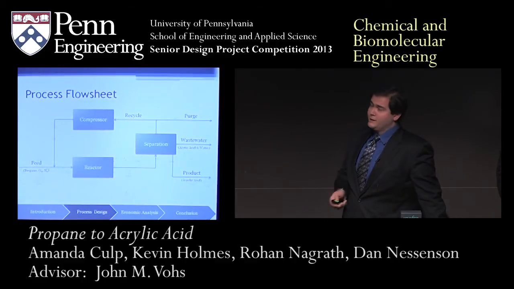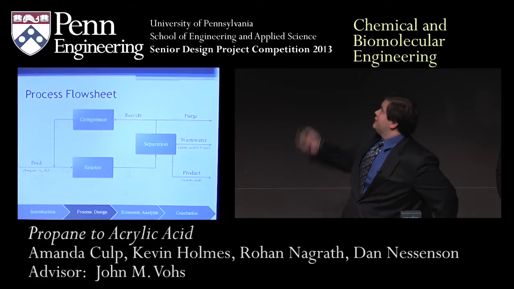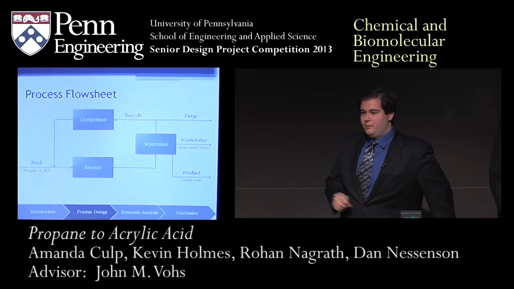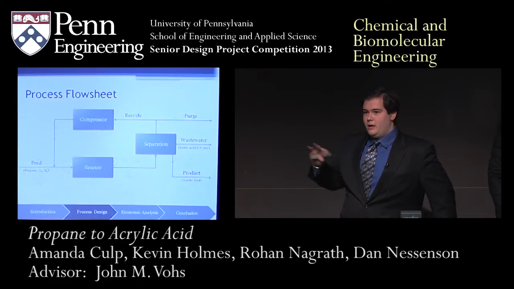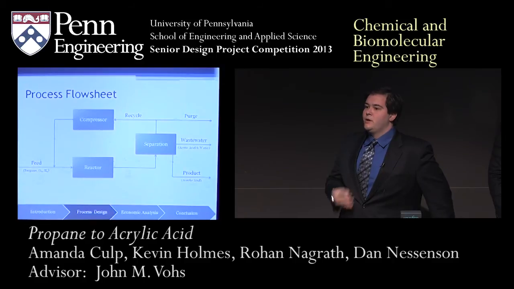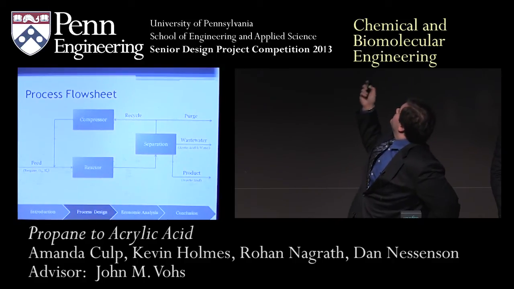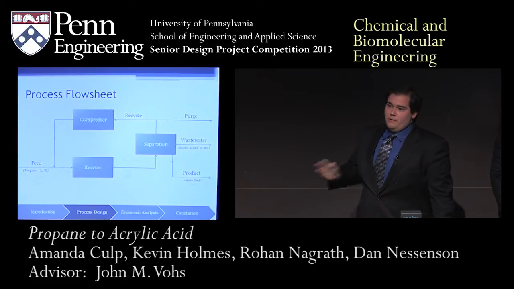So all of that gas flows into our separation section that you can see all the way on the right. And from there, our product is separated from the reactant, and that product moves through a series of distillation columns, which further refine and purify the acrylic acid, which come down all the way at the bottom right there at a rate of 200 million pounds per year.